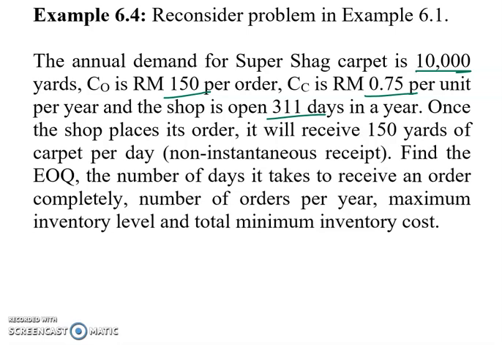So now instead of having to order the carpet, we assume that the ordering cost is the setup cost. Because when we want to produce something, we have to set up the machine. So in this case, the setup cost is our ordering cost.